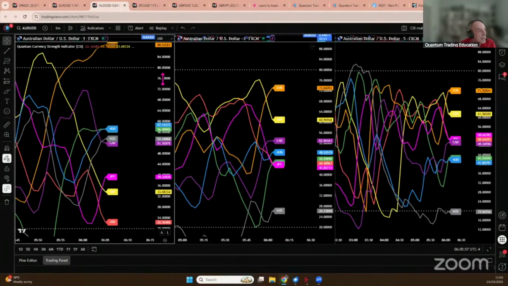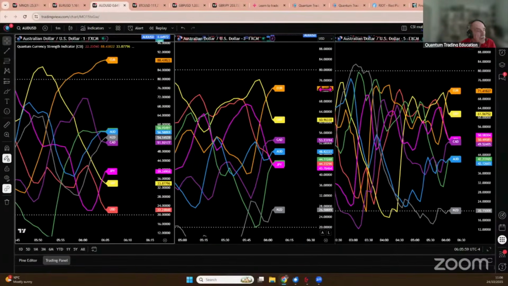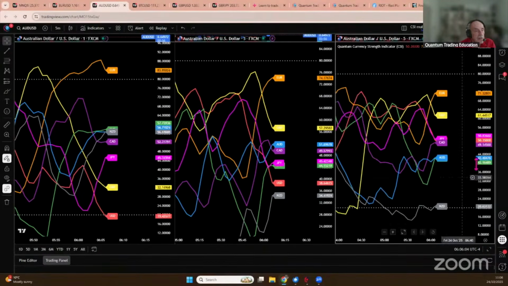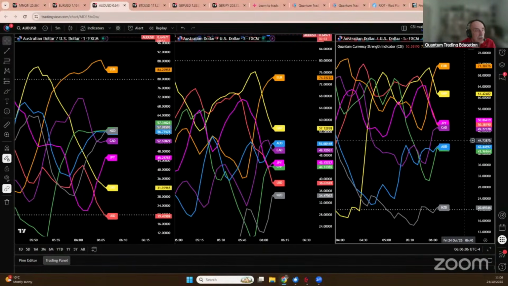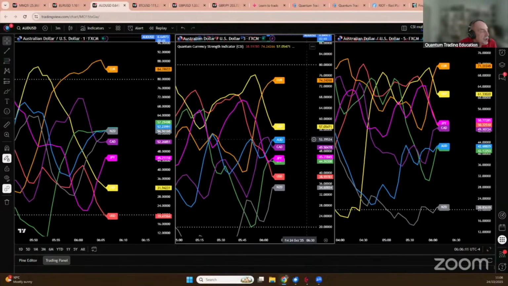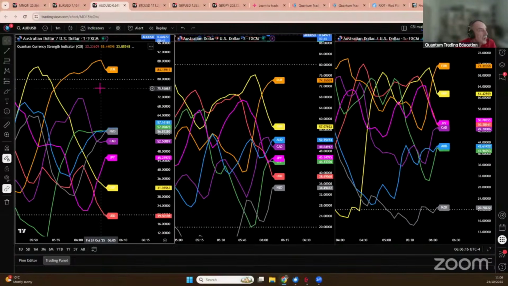Just going over, I'm sure many of you have seen these before, but this is the currency strength indicator. And really, it cuts down a lot of time because it will point you in the direction of where to look for great opportunities, whether you are looking at it from the perspective of, well, I want to get into a situation where I'm seeing a reversal in sentiment, so I want to get into an overbought or oversold situation, or alternatively, where you're looking for something that is trending quite strongly.